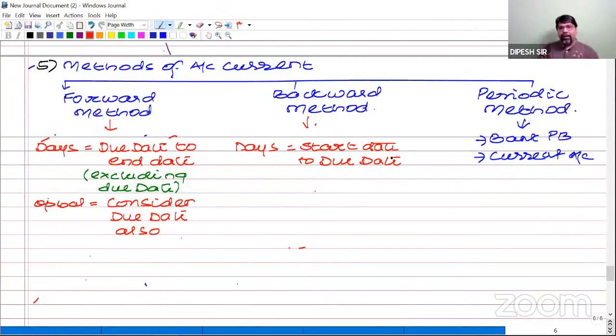If it is without bills, without credit period, date of transaction is equal to due date. Without bills with credit period, then date of transaction plus credit period. With bills, then date of drawing plus period plus 3 days of grace. Am I clear? Yes, sir. So days is equal to start date to due date. Correct?